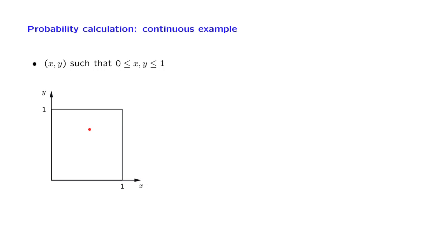The choice of a probability law could be arbitrary. It's up to us to choose how to model a certain situation. And to keep things simple, we're going to assume that our probability law is a uniform one, which means that the probability of any particular subset of the sample space is going to be the area of that subset.